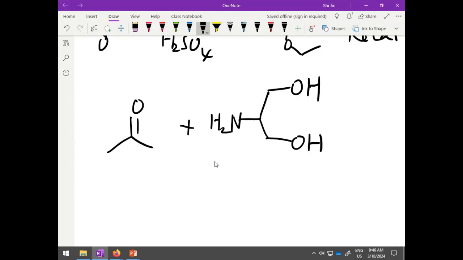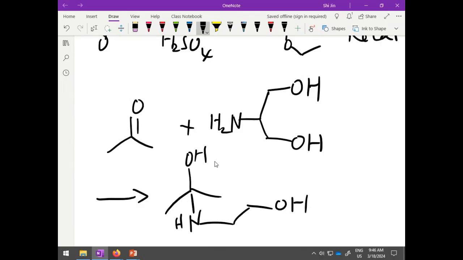Nitrogen is more nucleophilic because of low electronegativity. Low electronegativity means less ability to hold the lone pair to itself, more willingness to give it up. So in this case, with no catalyst at all, you will see the nitrogen added to the carbonyl carbon. That is the first step product.